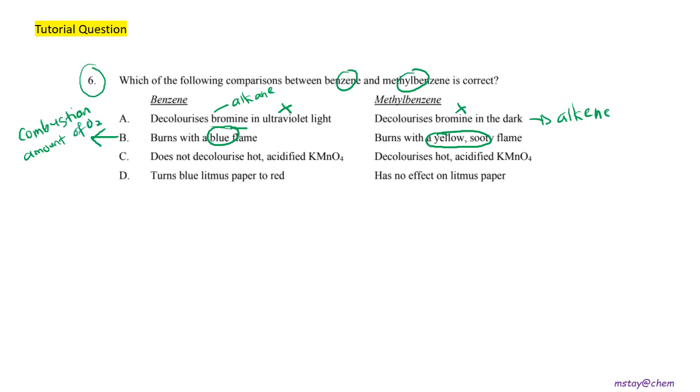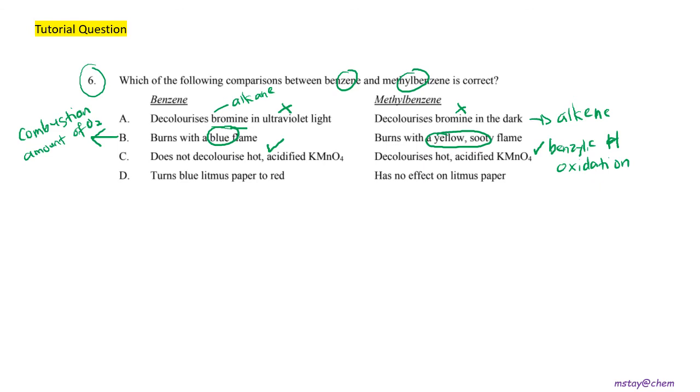Okay, C does not decolorize hot acidified KMnO4, correct, because benzene cannot undergo oxidation. Methylbenzene decolorizes hot acidified KMnO4, correct, because methylbenzene consists of benzylic hydrogen, so the benzylic hydrogen can undergo oxidation.